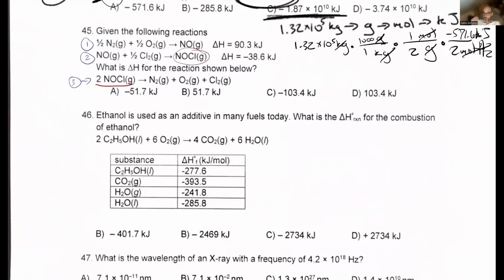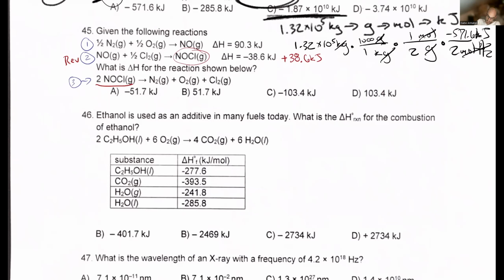So does it need to switch sides? In reaction 3, NOCl is a reactant. So I need to reverse the direction of reaction 2. So we definitely need to reverse the direction of reaction 2. And if we reverse the direction of reaction 2, that's going to change my delta H to positive 38.6 kilojoules. All right.